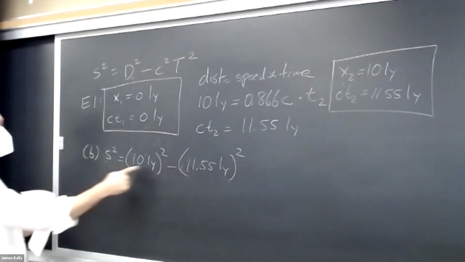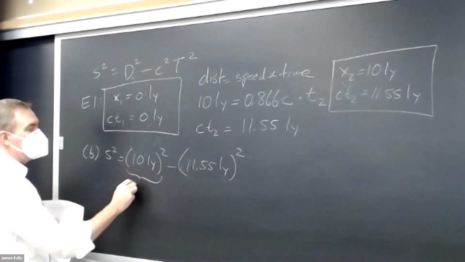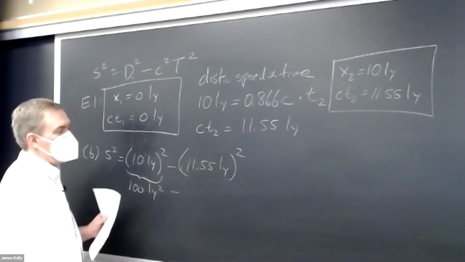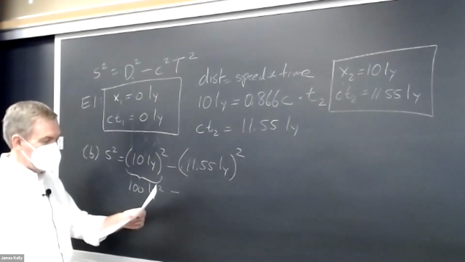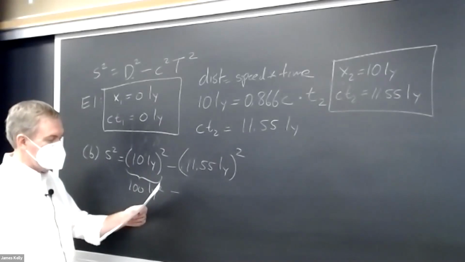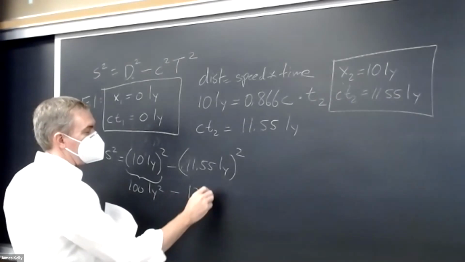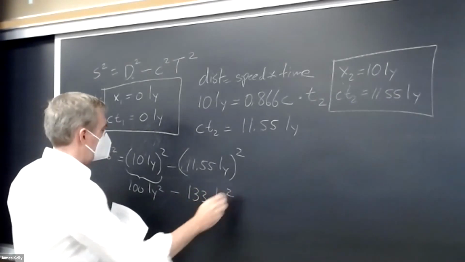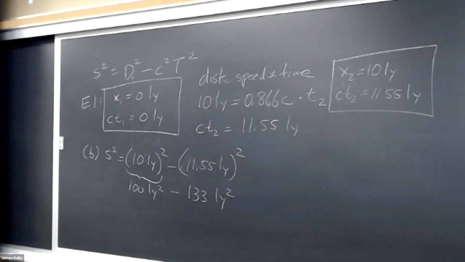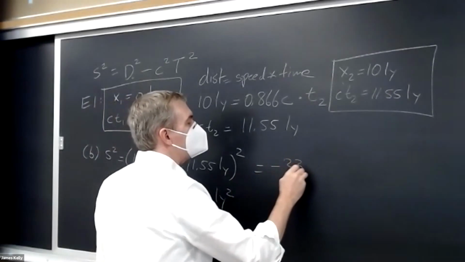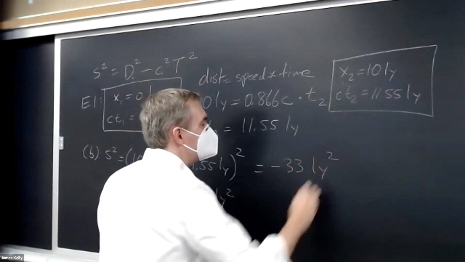Okay, 10 squared, of course, is 100, so this is 100 square light years. Square of 11.55 is 133, approximately, square light years. So if I take 100 and subtract off 133, I get negative 33 square light years.